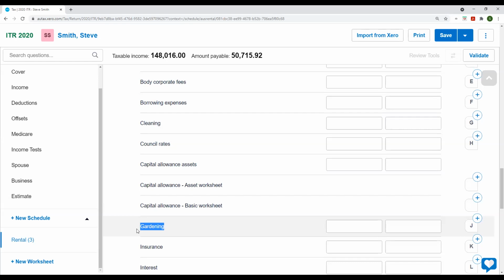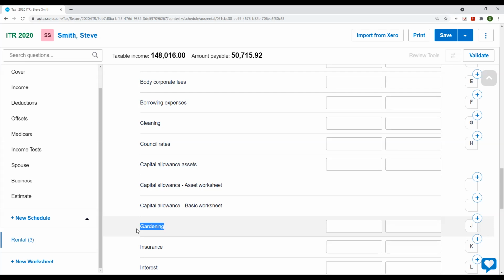The simple answer is, if the investment property owner does it himself without an ABN, that cannot be considered an expense. But if he purchases any materials for cleaning or gardening, such as small chemicals, washing liquids, cloths for cleaning, or small tools required for gardening, that can be deductible, but your labor component is not deductible.